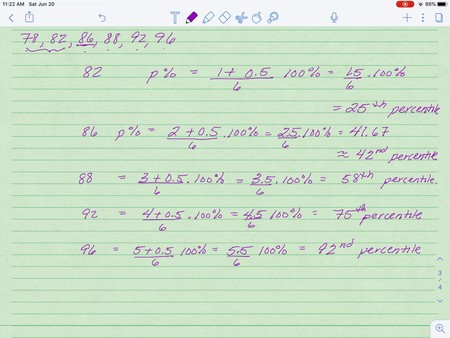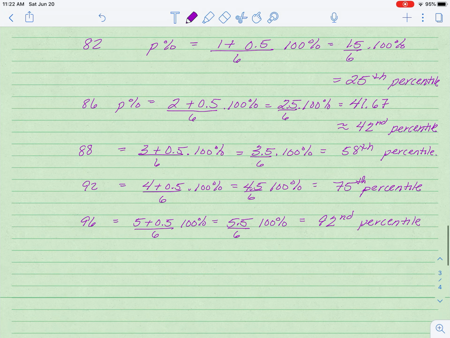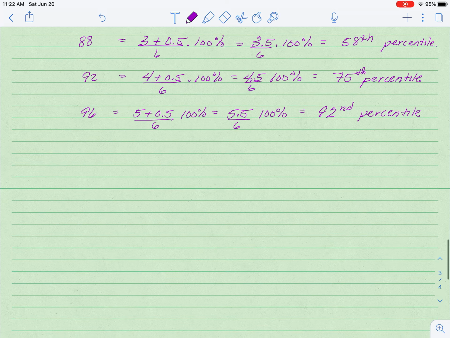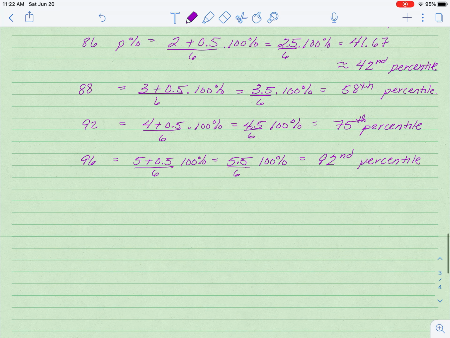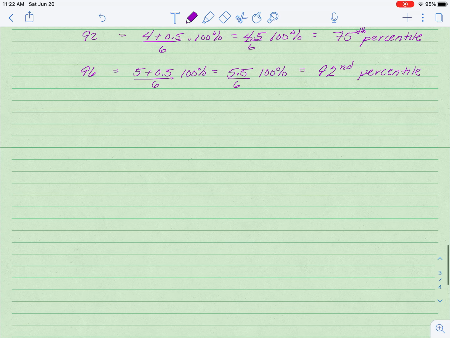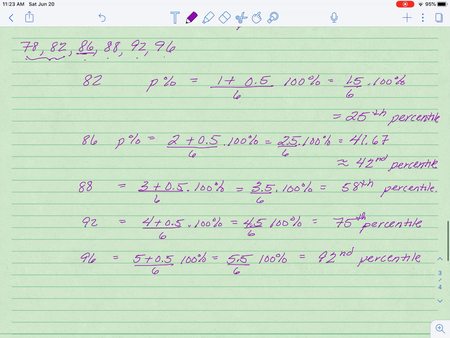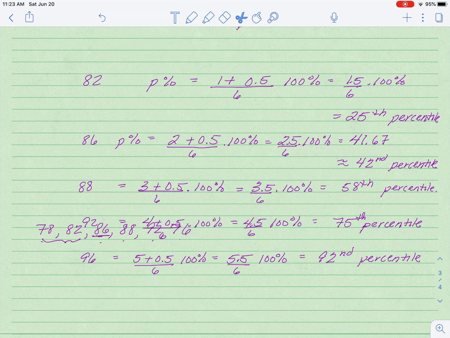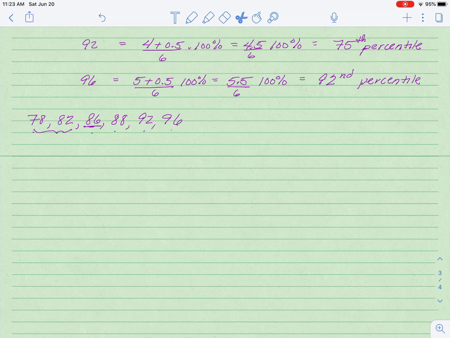Okay? So those are all the percentiles that way. So what about asking the question, which number would correspond to a particular percentile? So let's ask a different question. Same data set, so let me grab it again and bring it down. So same data set.